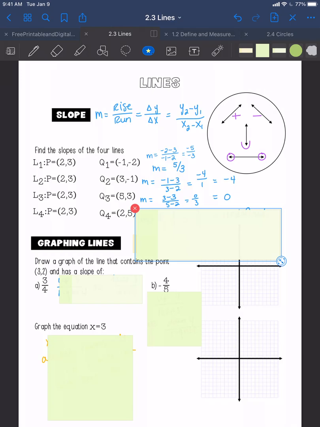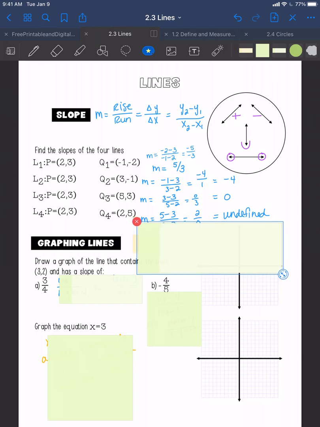That gives you 0 divided by 3, which is a slope of 0. And then last here, for line 4, change in the y's is 5 minus 3, over the change in the x's, which is 2 minus 2. That's 2 divided by 0, which you cannot do. So that is an undefined slope.